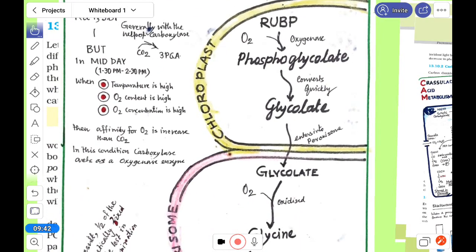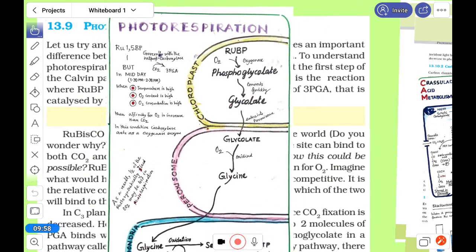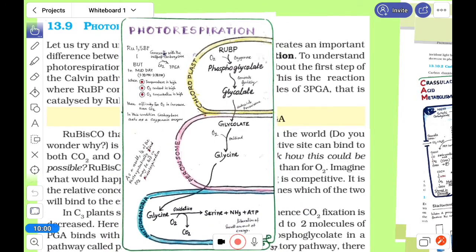Then what will happen in this condition? The carboxylase acts as an oxygenase enzyme, and after that respiration takes place. So this is a great loss to the plant. Just see how it happens.